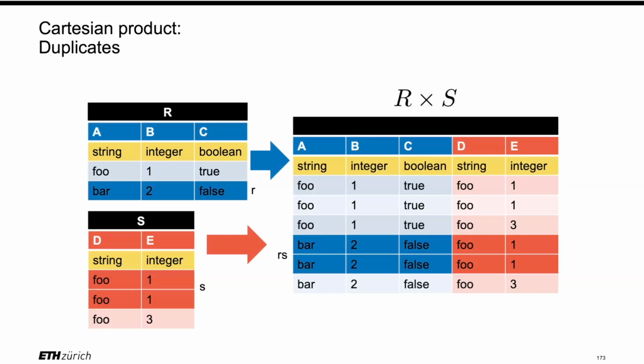So in that case, you would have 2. If you had twice the same value and 3 times the other value on the other side, that's 2 times 3, right? We just take all possible combinations of the physical records like this. So then we have a duplicate R times S times. Who agrees with this? For whom is that intuitive? Yes? Okay.